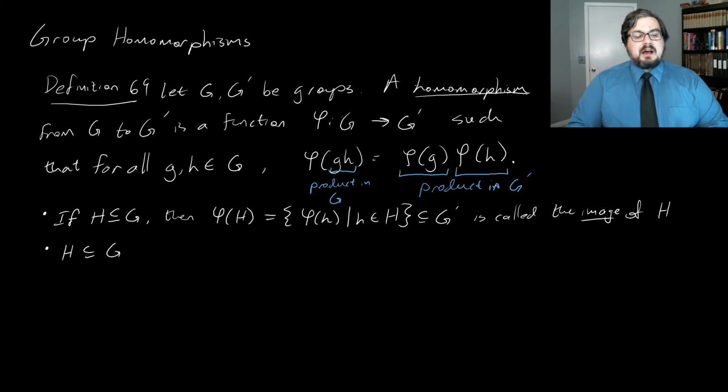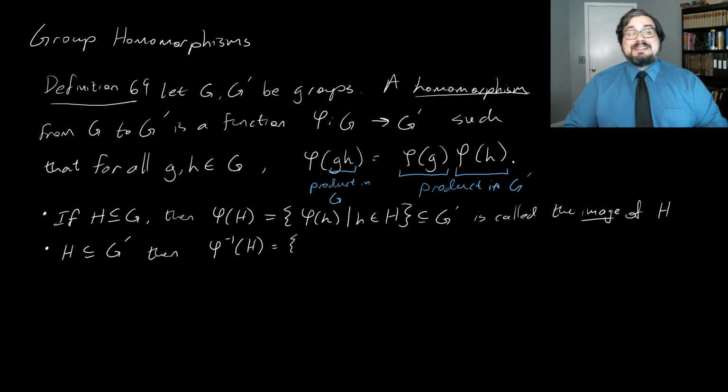And going the other direction, if H is a subset of G prime, then phi inverse of H is equal to, now phi might not be invertible, and so when phi is not invertible, we can treat this as a new piece of notation. Now, when it is the case that phi is invertible and has an inverse, then the set that we would define using the inverse function and the set that we're about to define wind up being the same thing, so there isn't any confusion in that case.